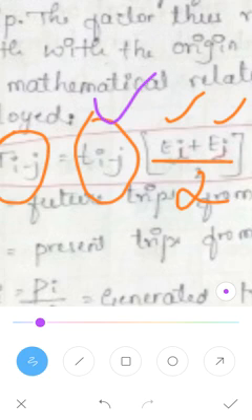Here the first zone is I and the second zone is J. So small t represents the present trips from zone I to zone J.